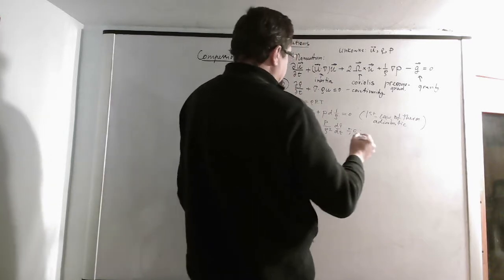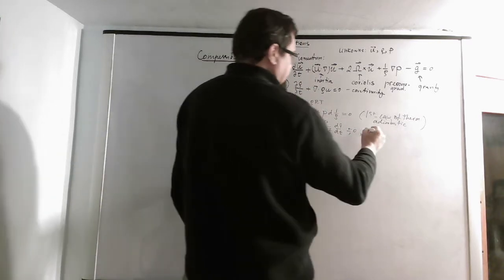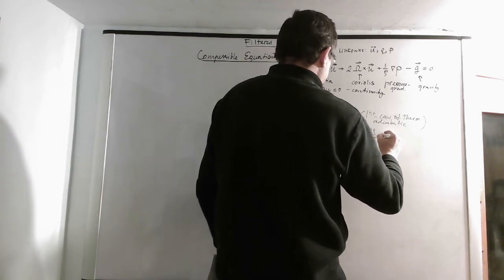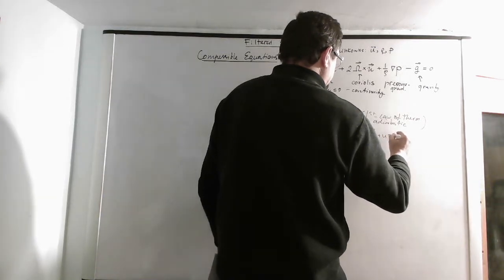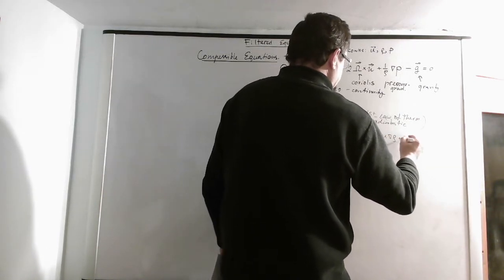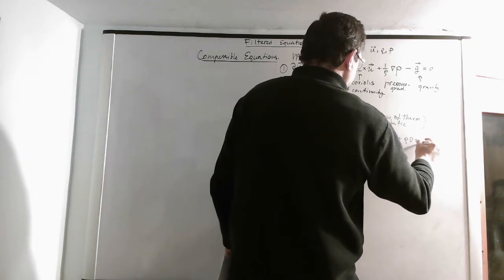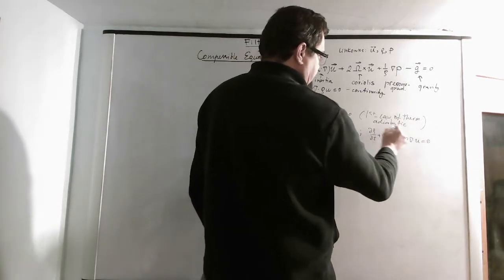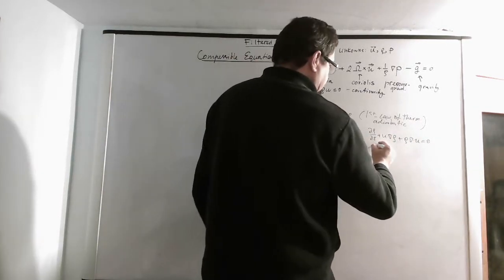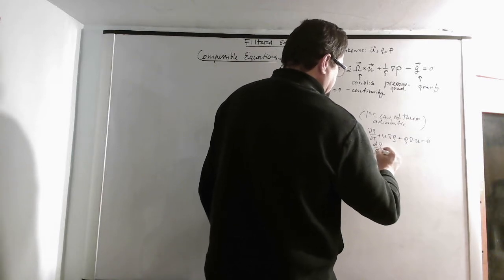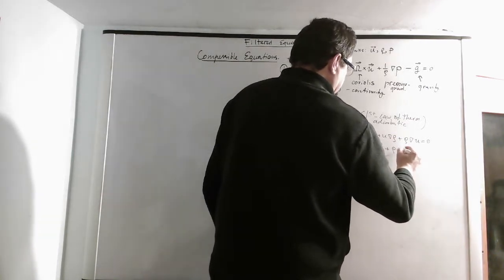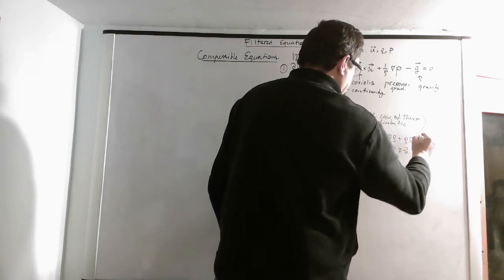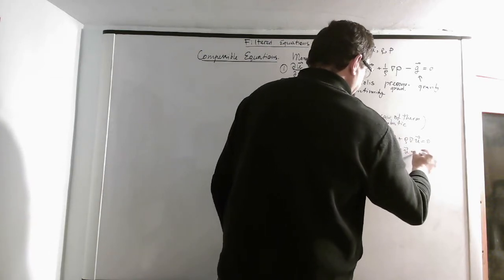Now from the continuity equation, if you write it in the following form, d rho dt plus u times gradient of rho plus rho divergence of u equals to 0. Or this term combined with this term is actually the full derivative d rho dt plus rho divergence of u equals to 0.